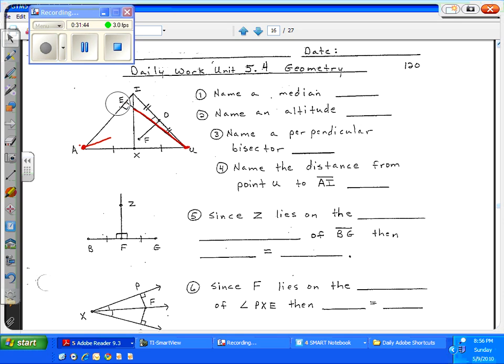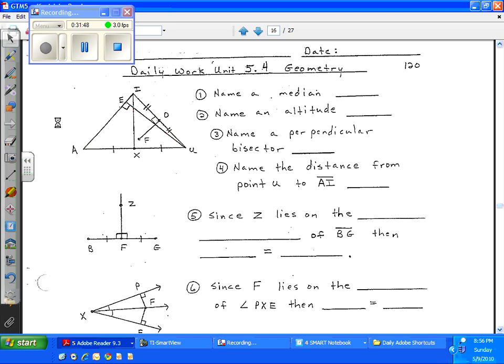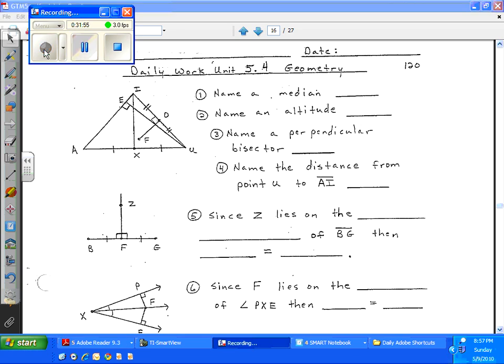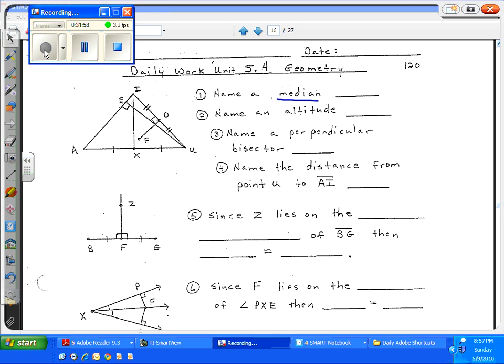I'm messing up on purpose, obviously. Are we seeing why we need the definitions? A median is a segment from a vertex to the midpoint of the opposite side. IX is a median.